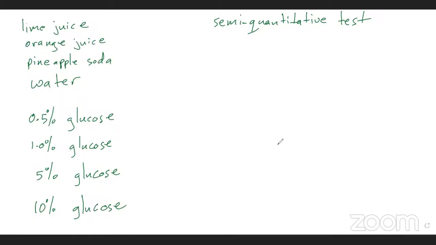So for example, let us say the 0.5% glucose gave you, let's say, a green color. 1% gave you the yellow-green or green-yellow. So this is yellow, orange, and brick red.